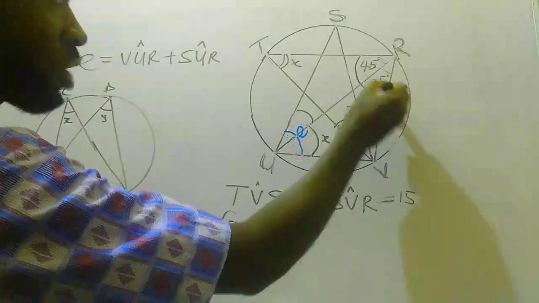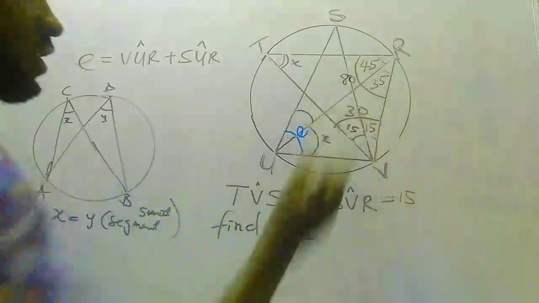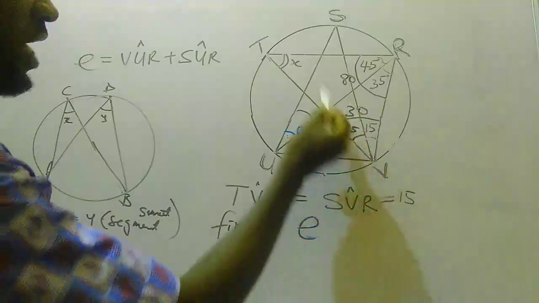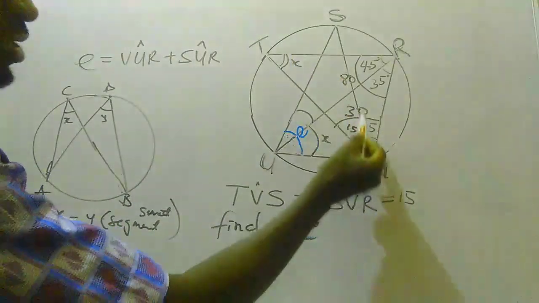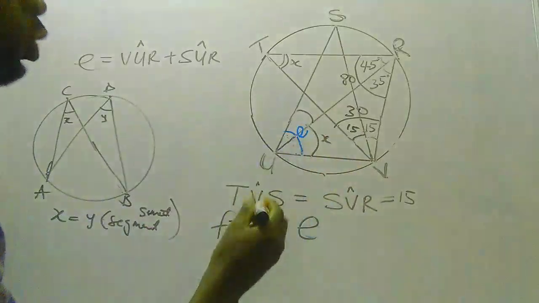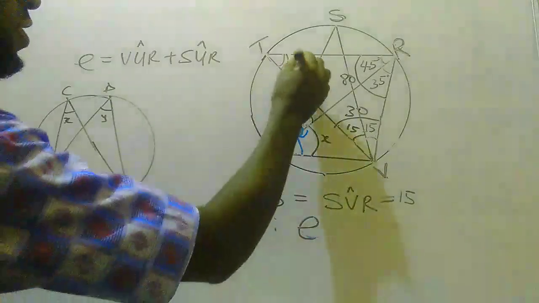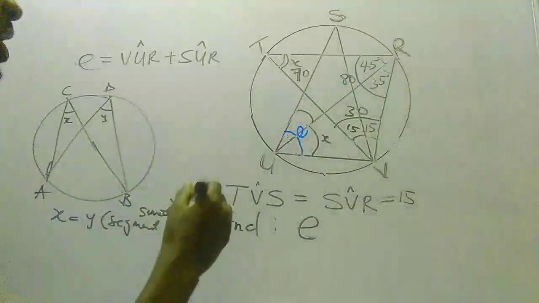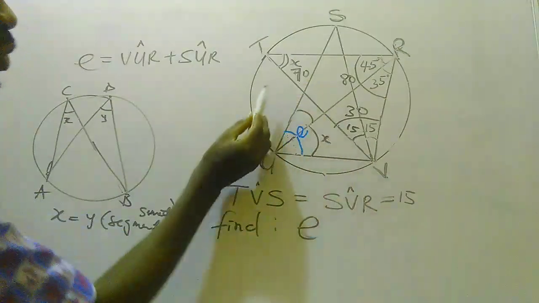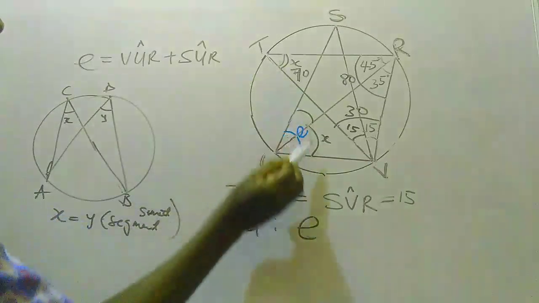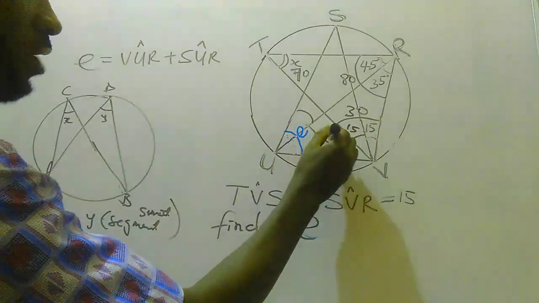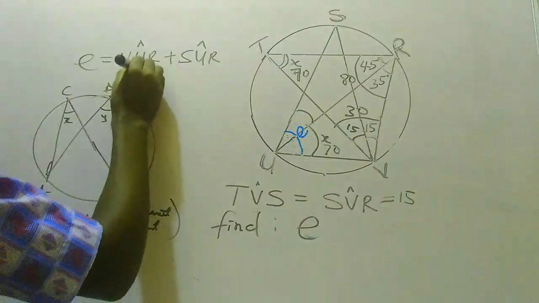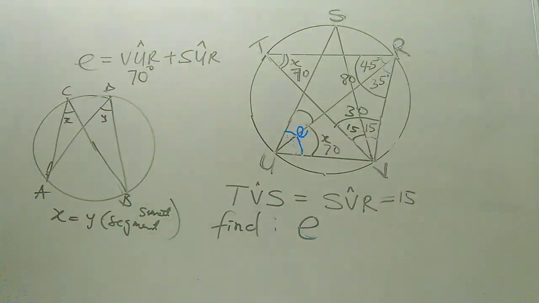If you sum up these two it gives us 80. 80 plus 30 gives us 110. 180 minus 110 gives us 70. So we have gotten our angle T as 70, because this is the sum of angles in a triangle. Remember we said this angle here and this are angles on the same segment, so here will also be 70, which means we've gotten VUR as 70.